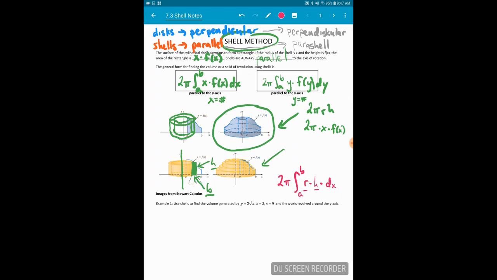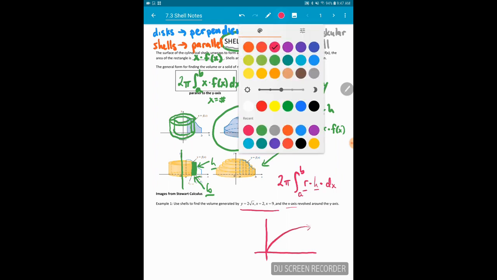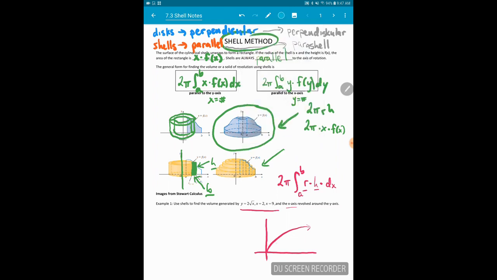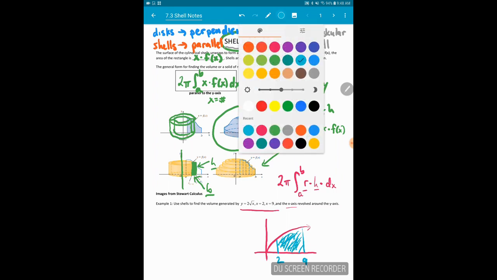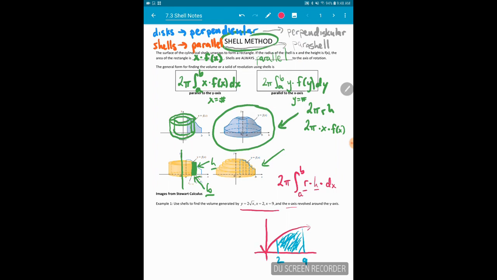Okay, we're going to use shells to find the volume generated by this and the x-axis. So if I quickly sketch this, it's going to look something like that. And if I want to go from x equals 2 to x equals 9, I'm taking this area and I'm sweeping it around to the other side.